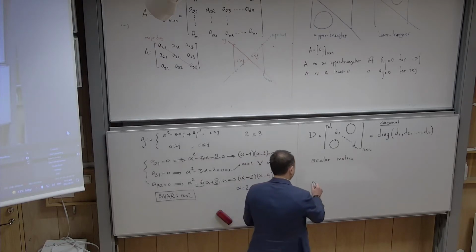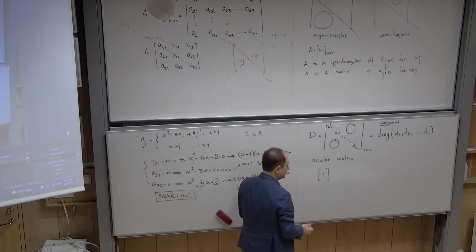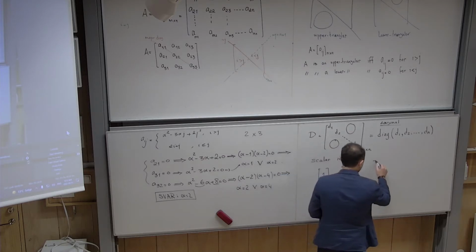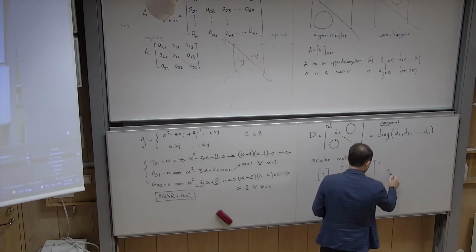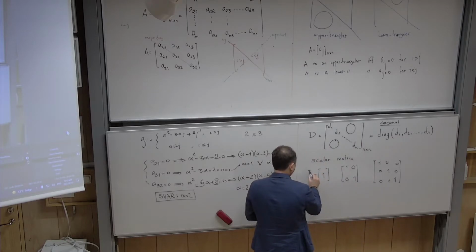So if you have the situation that every entry, of course this is a very extreme case, this is 1 by 1, but this is an identity matrix, 2 by 2. Yes, this is the identity matrix, 3 by 3. This letter is reserved for the identity matrix, letter I. So I write I sub 1.